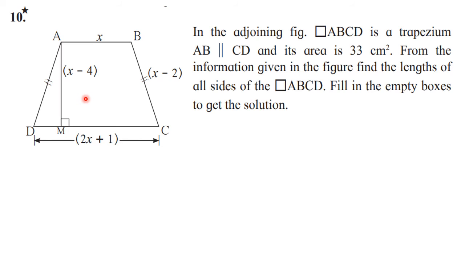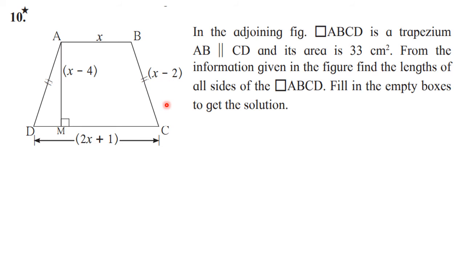So for area, we are going to need this AB and DC and the height that is given as AM. So what is the formula? Half into AB plus CD into AM, that is height. And this one more side is given, which we are going to find in the end. We are not going to use this for finding the equation.